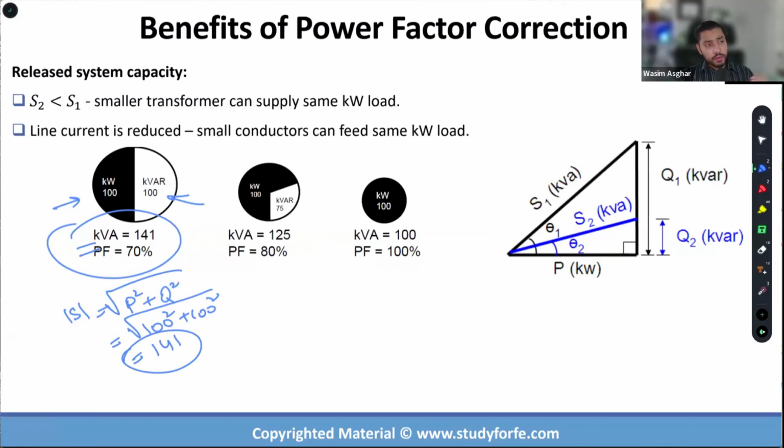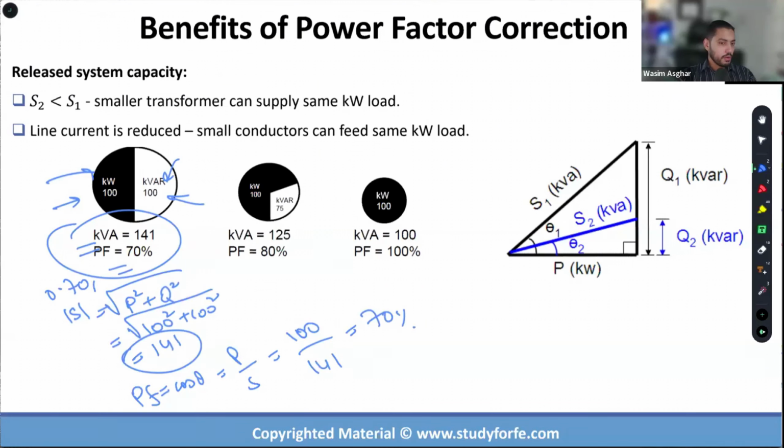And the power factor is equal to cosine theta, which is the ratio of P divided by S. So the P is 100, but the apparent power is 141 because we also have a Q factor in here, right? So this results in 70%. So poor power factor, 0.70 power factor, okay?